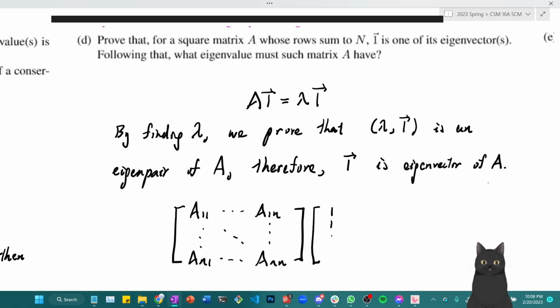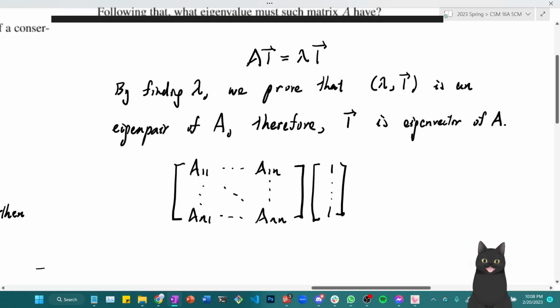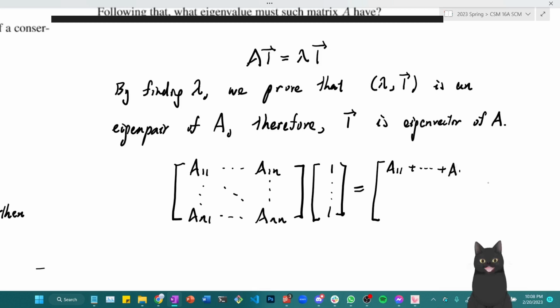Alright, let's write the column vector 1, 1, 1 here. Okay, so once again, this is going to be equal to a column vector whose entries will be the row sums of matrix A. Let's go through the reasoning one more time, just in case people have forgotten.